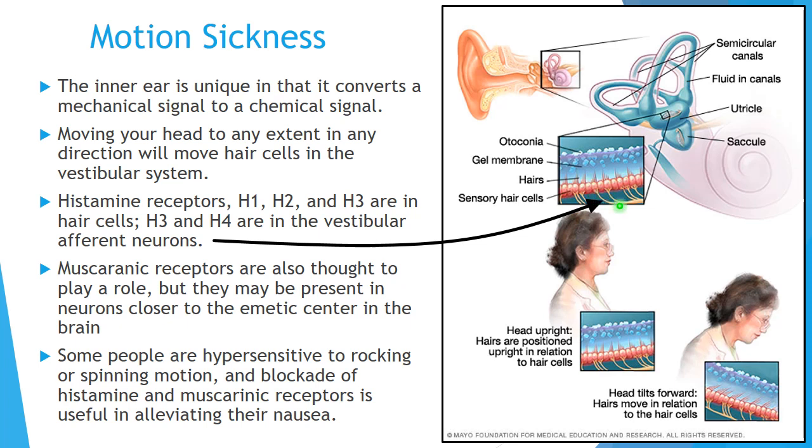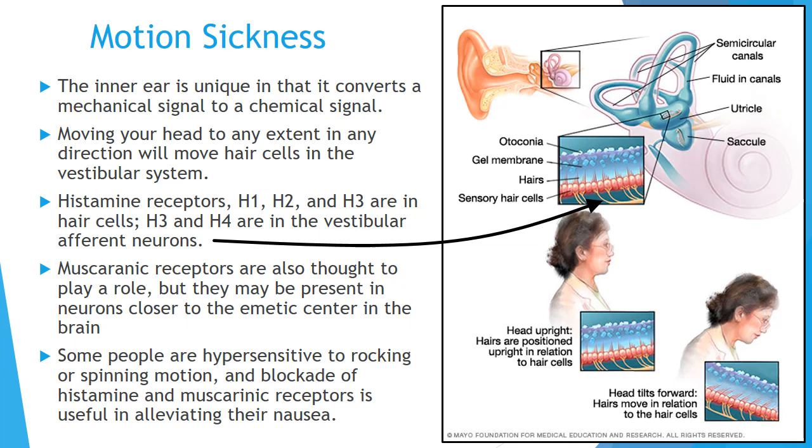If you follow these neurons up into the brain, and you're not going to see that here, you would find that they synapse with another neuron, and at some point, one of the neurons will release acetylcholine. That cholinergic transmission is important for this motion sickness. So the antihistamine drugs, like I mentioned, all the ones that are used, also have anticholinergic effects.